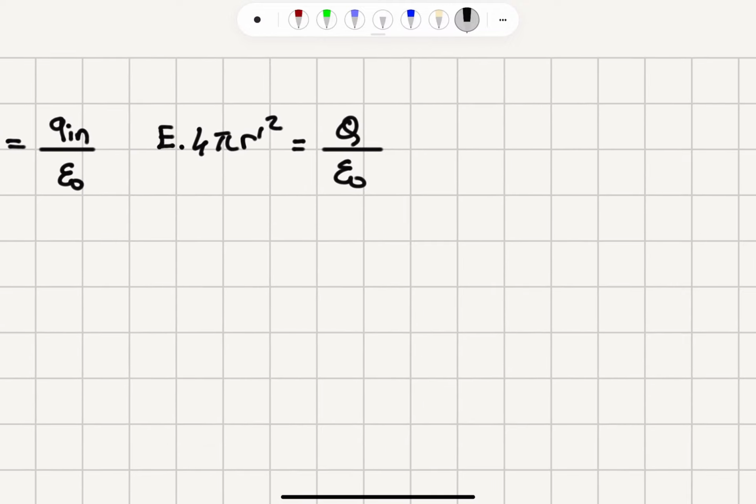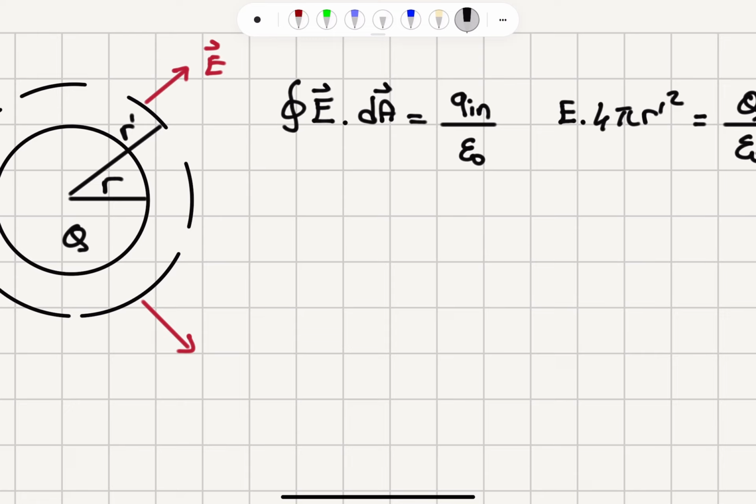And this gives me the electric field magnitude at r equal to r prime to be 1 over 4 pi epsilon 0, which is Coulomb's constant K, times total charge capital Q divided by r prime squared. Okay, so what is r prime?